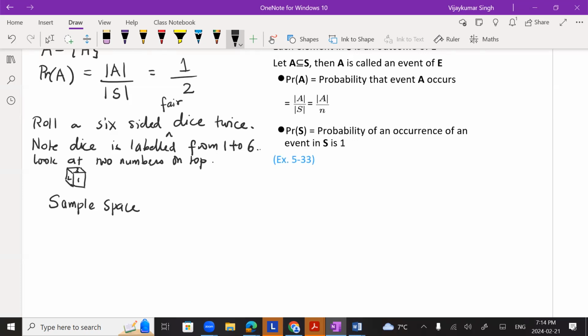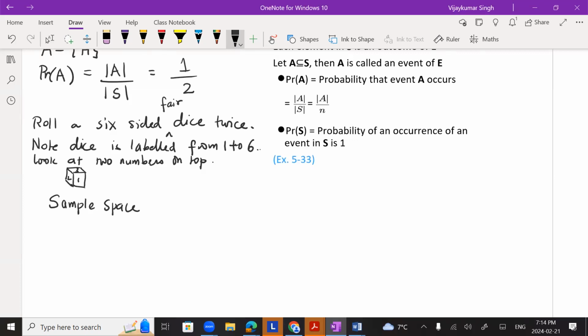Because we could measure anywhere, really. You could also say, I'm looking at the number at the bottom, hidden. So just to make things fair, we are rolling one dice twice, and we are measuring the numbers which come on the top. Okay, so that the experiment is clear to you. So what is the sample space?